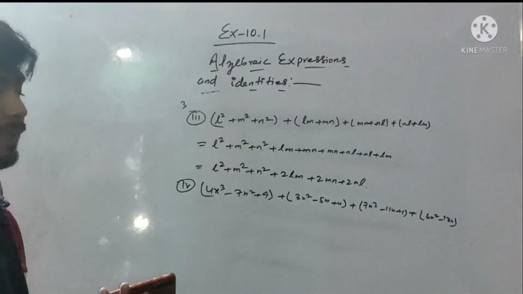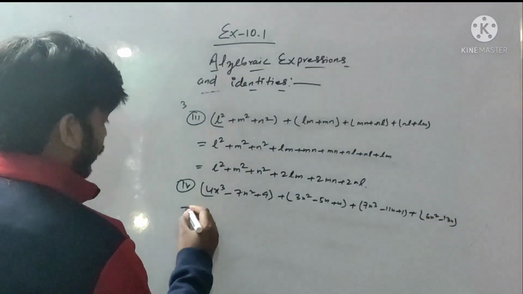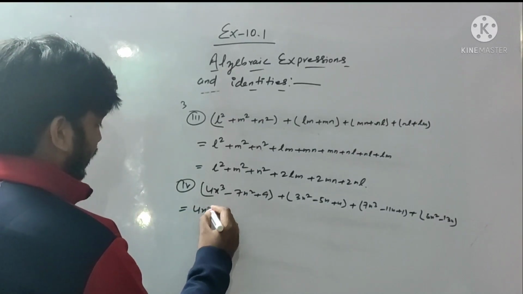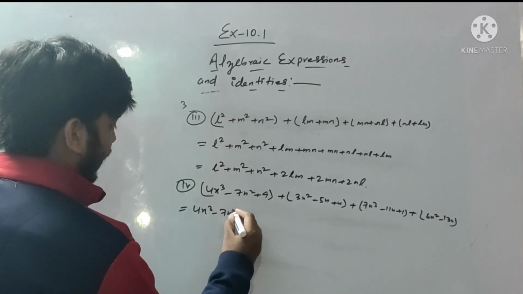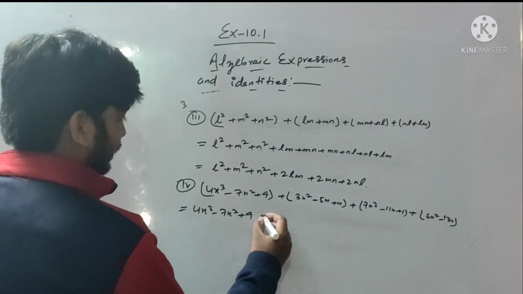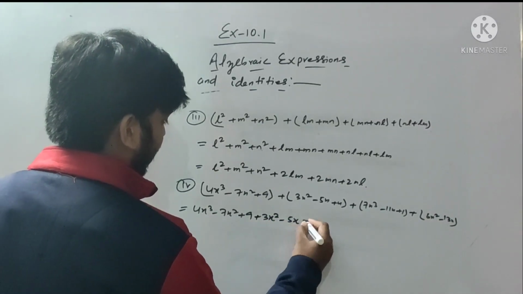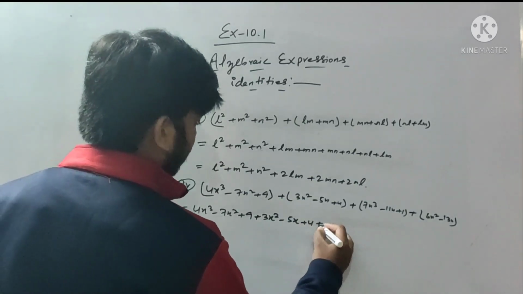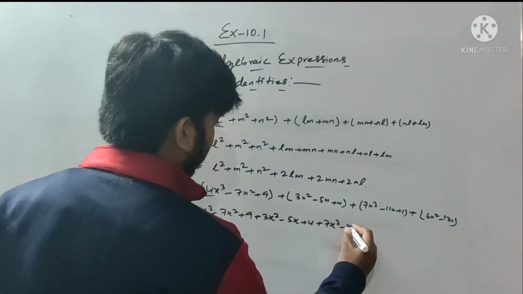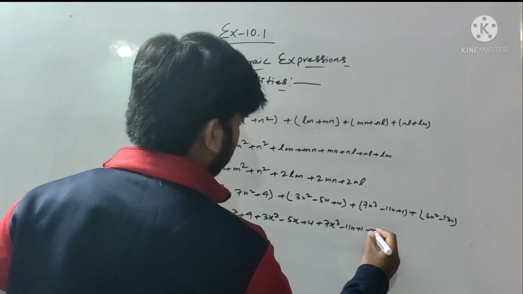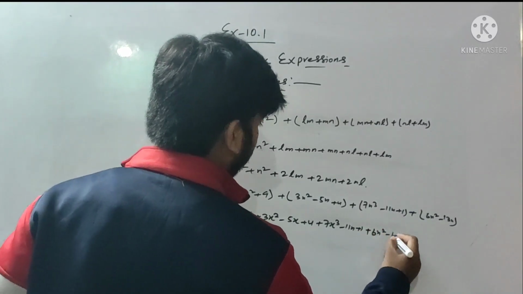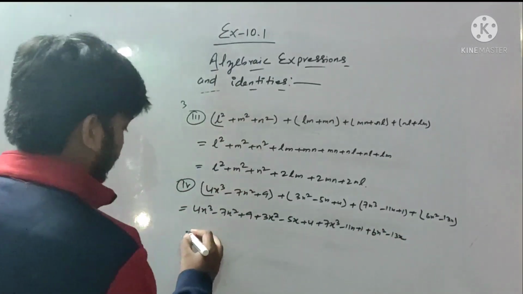Now here we have to solve it. So remove the brackets first: 4x cube minus 7x square plus 9 plus 3x square minus 5x plus 4 plus 7x cube minus 11x plus 1 plus 6x square minus 13x.